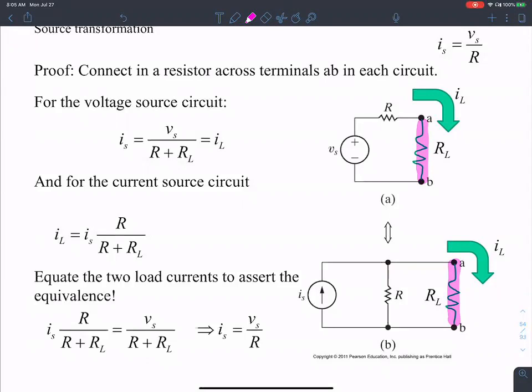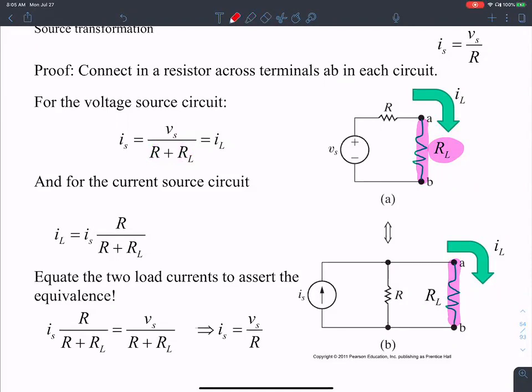Okay, when I say the top circuit is equivalent to the bottom circuit, the necessary conclusion is that the current flowing through the load resistance is exactly the same. So when you find the current flowing through the load resistance in the top circuit, you simply get Vs, the voltage applied, divided by Rs plus RL.